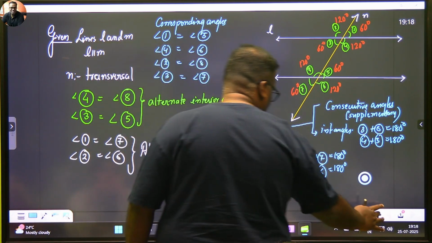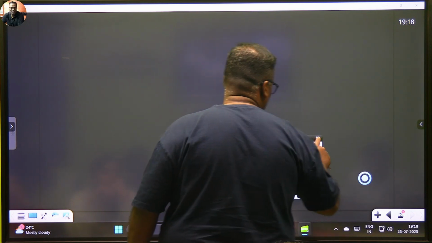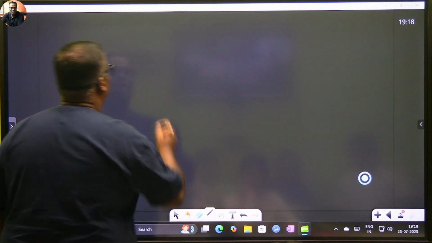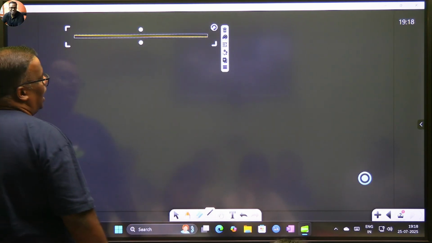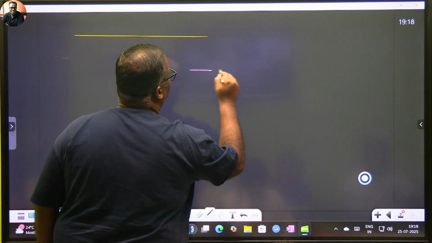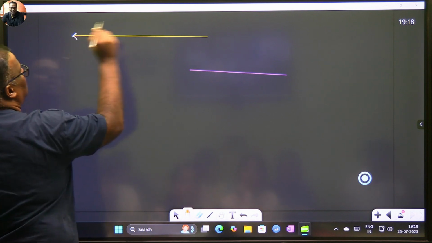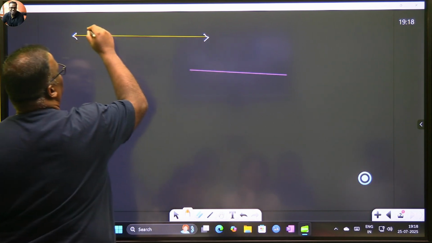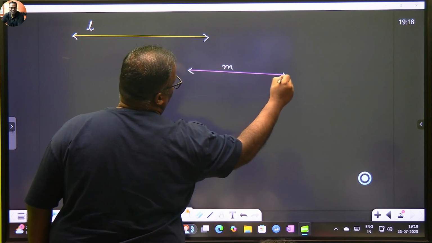So let's go ahead and check one more item and then we get into some problem solving. Now, there is also a theorem which says, suppose I have a line L and L is parallel to a line M, right?